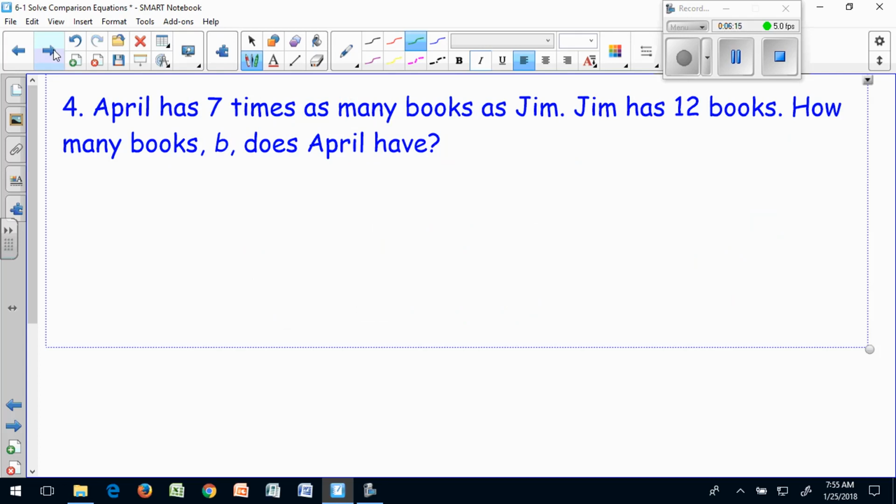Let's try one more together. April has 7 times as many books as Jim. Jim has 12 books. How many books B does April have? Okay, so I am going to underline my key information.